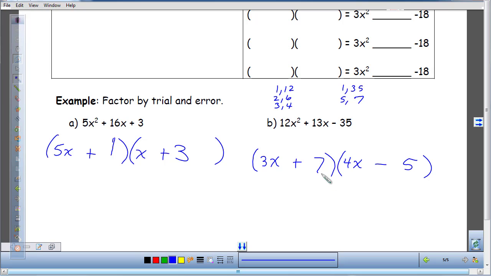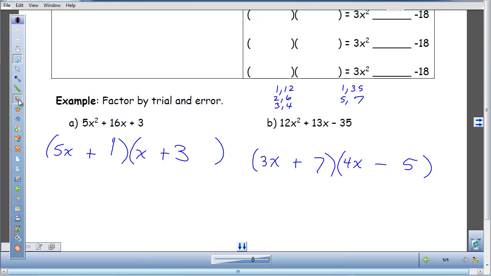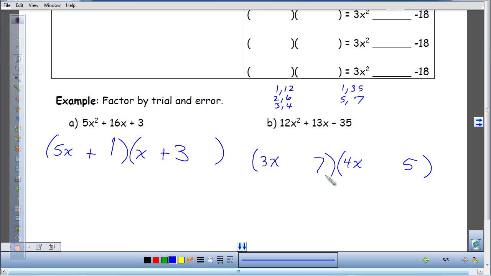So we get negative 35. Is that right? Well, we need to change the signs, right? No, it's 28x. You have to get 28x. Well, you can have negative 15. So 28 minus 15, that's right. So this is going to be plus minus. Very good. All right. Questions about that? So yeah, play with the signs and everything. Make sure it all adds up.